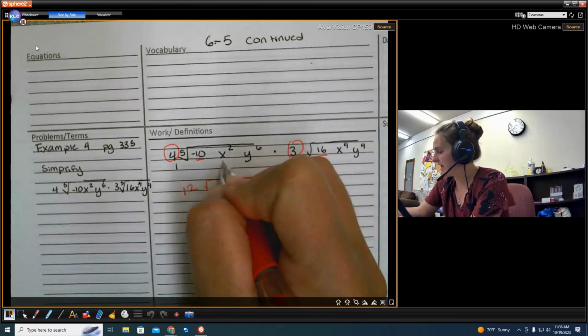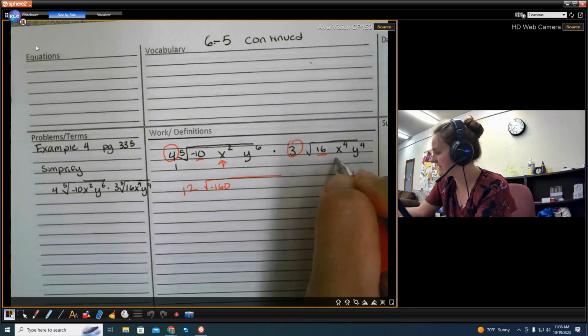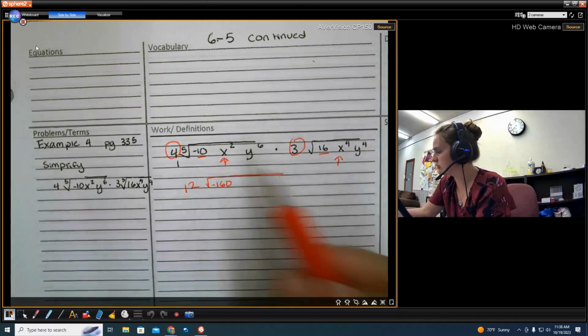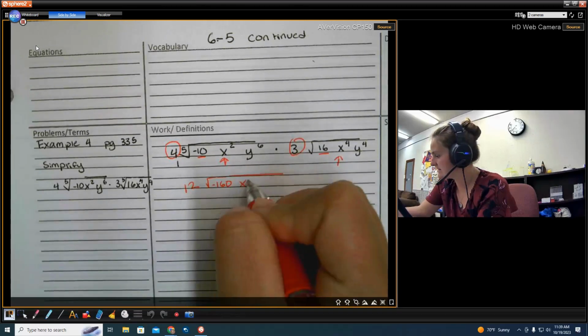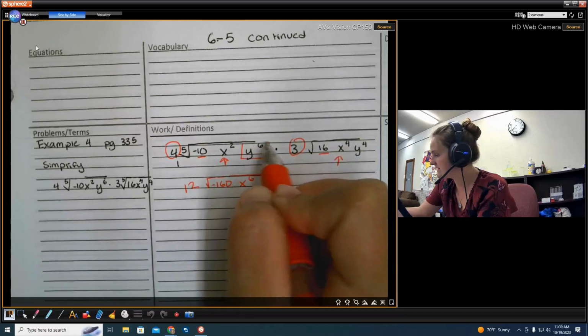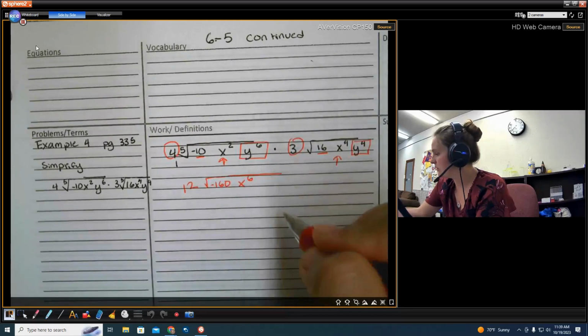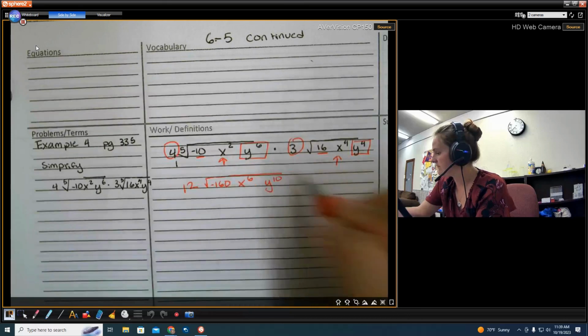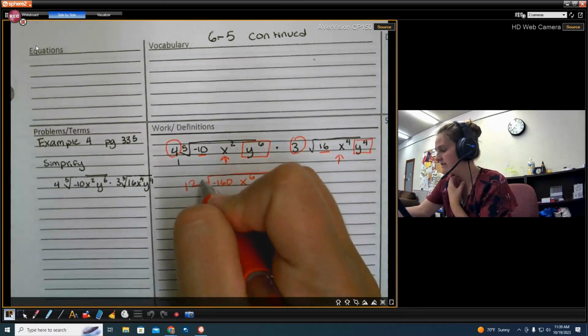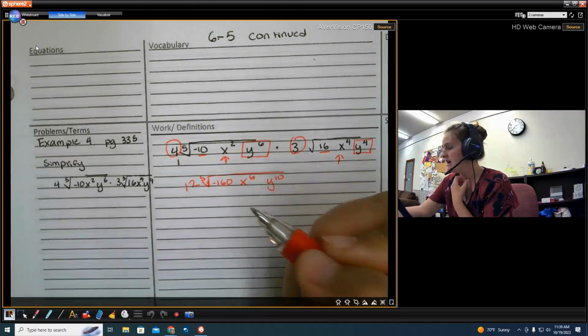And then my x's, so when you multiply, exponents add, so 2 plus 4, x to the 6th power, and then y to the 6th is going to go with y to the 4th, so y to the 10th power. Okay, and now we can simplify, and remember this is a 5th root, almost forgot there.